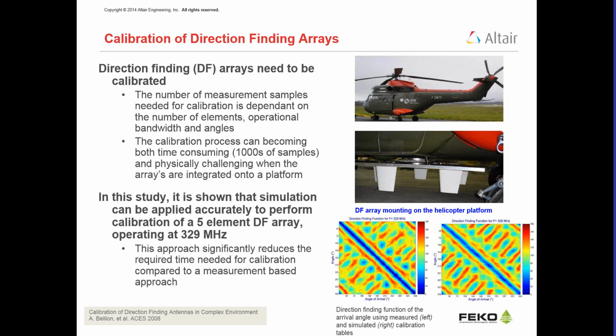And CVDF requires storing the radiation patterns, or what they call the manifold, into a calibration table, and that can be used when an unknown signal comes. You correlate that signal with the stored manifold to know the angle of arrival.